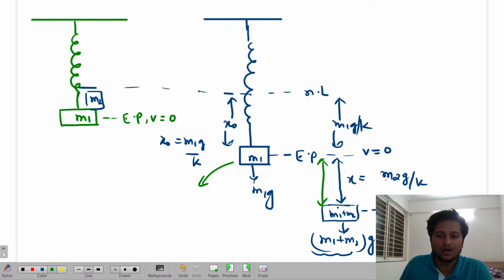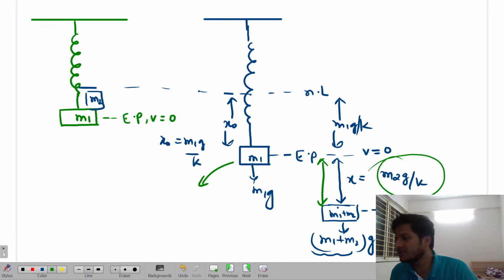What is that? Basically it is m2g by k. So it just appeared as m2g by k, or not?